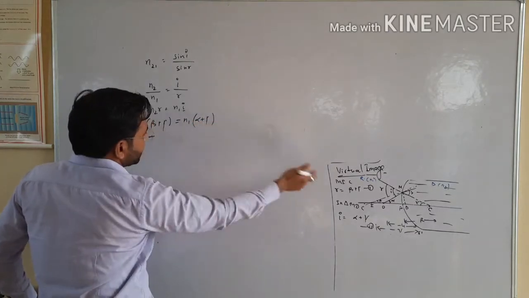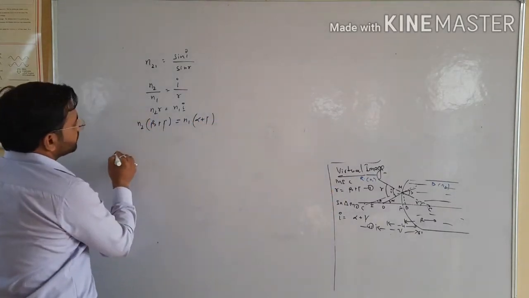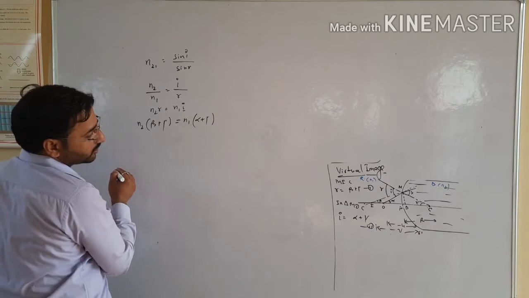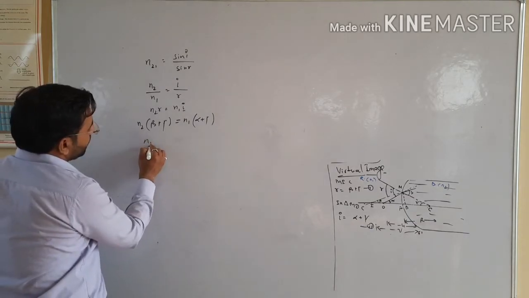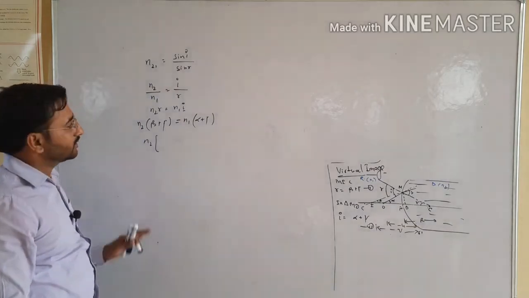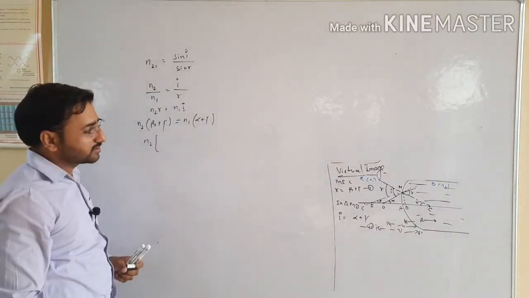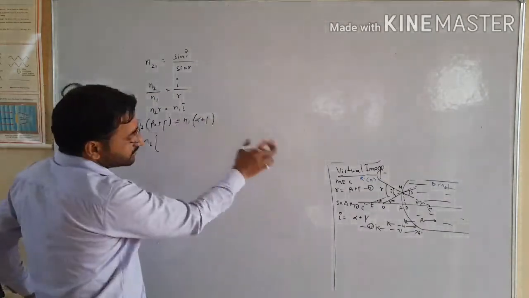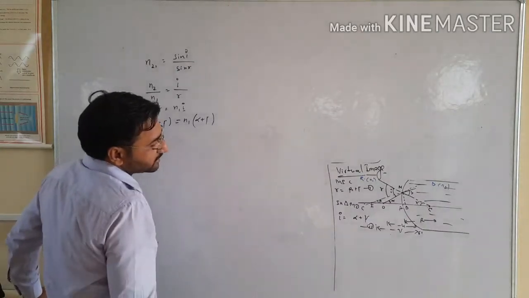You can see the right hand side there, and practice in your notebook. As you know, beta means tan beta we are talking about, and gamma means tan gamma. Similarly, you can directly substitute the values as previous.